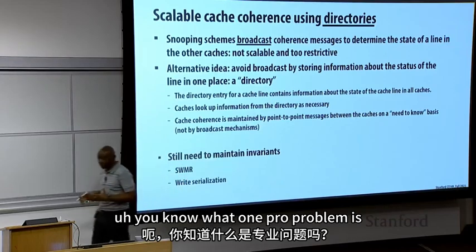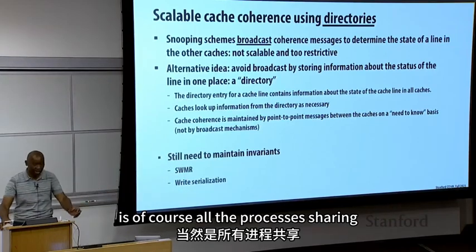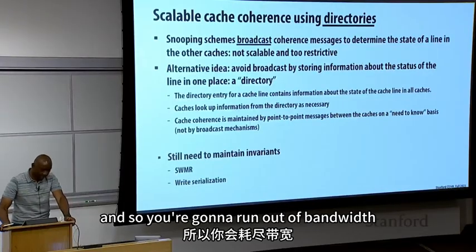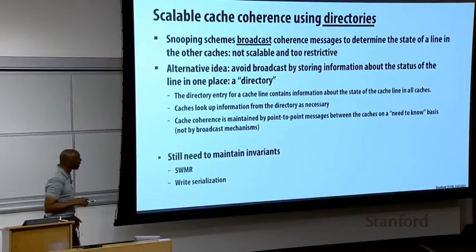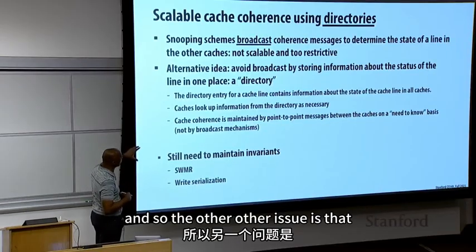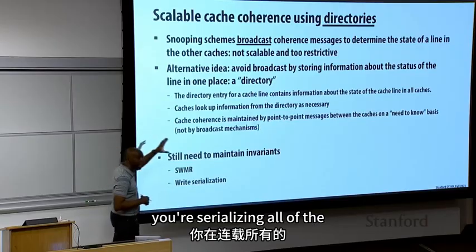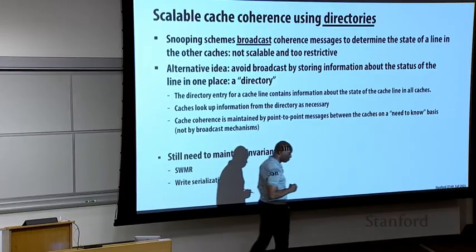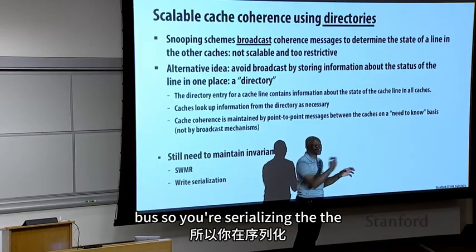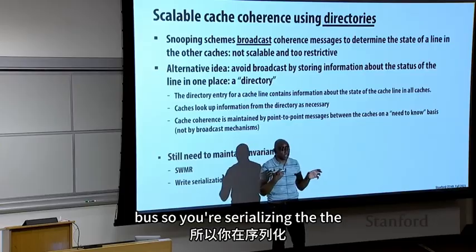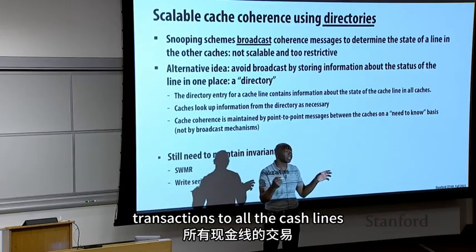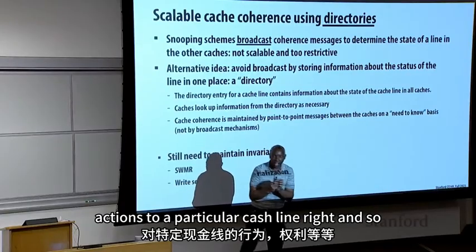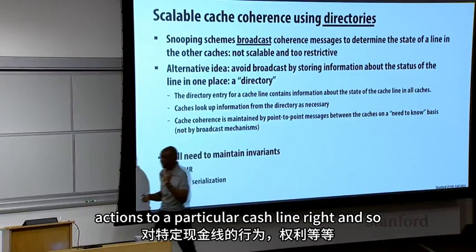One problem is, of course, all the processors sharing this interface between the caches and memory, and so you're going to run out of bandwidth. The other issue is that you're serializing the transactions to all the cache lines, whereas we really only need to serialize actions to a particular cache line, right?